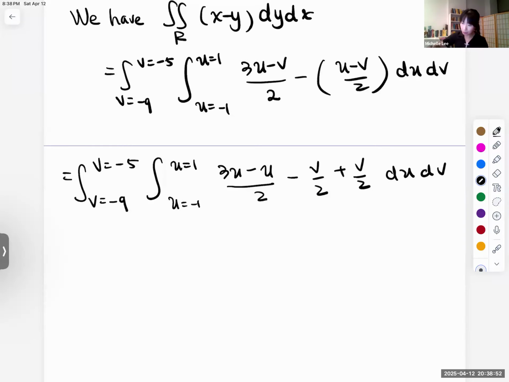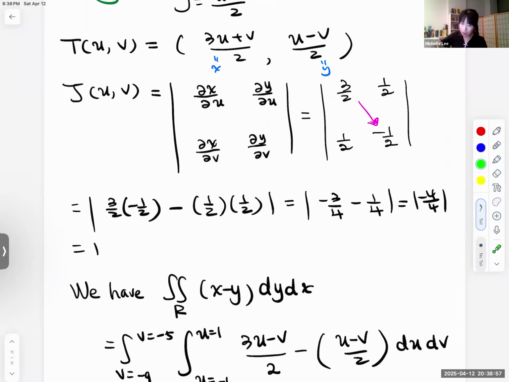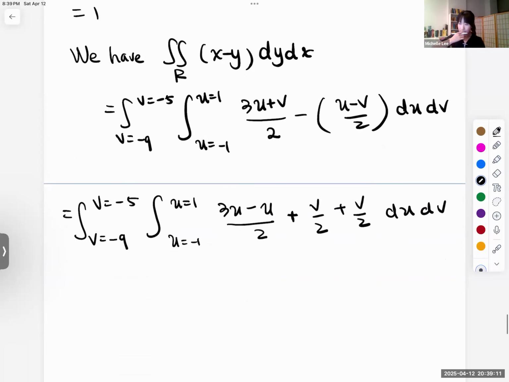Okay, so I copied wrong here. So x is 3u plus v, right? So I mentioned 3u minus, so plus v, then there is a plus v there, right?